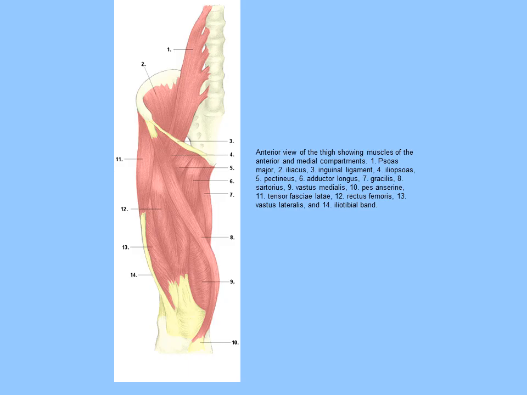The femoral triangle is framed by the sartorius laterally, the adductor longus medially, and the inguinal ligament superiorly. The floor of the femoral triangle is made up of two muscles, the iliopsoas and the pectineus.